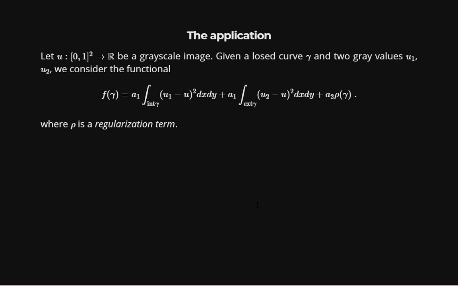Now, a grayscale image is just a map from the square to R, which gives to every point the gray value, or a function which gives the gray value. Given a closed curve gamma, and 2 gray values u1 and u2, we consider this functional.